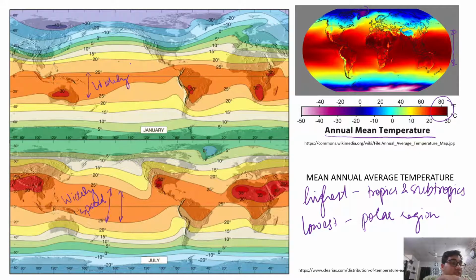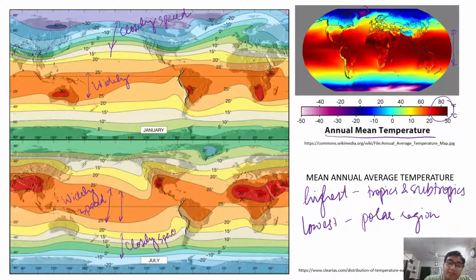While those in the polar regions or in the higher latitudes over here, if you can see, they are so closely spaced. In the higher latitudes, they are closely spaced. So, what does this mean?